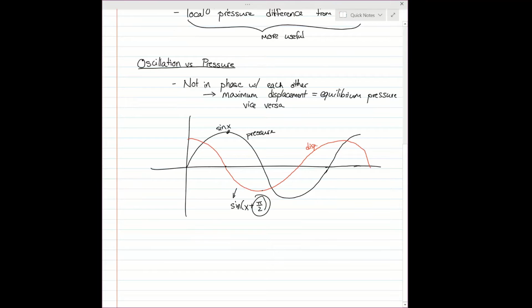This is this whole business of leading, of two waves being out of phase. One wave will lead another, and so we would talk about the phase constant. In this case, displacement is pi/2 radians out of phase.